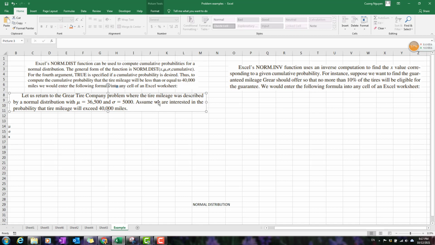Now people are interested in knowing the probability that the tire mileage will last for more than 40,000 miles. That means the tire can last longer than, or equal to, 40,000.